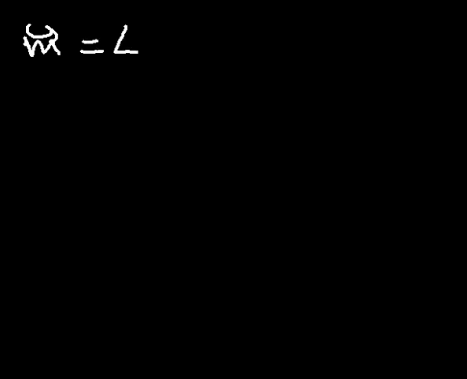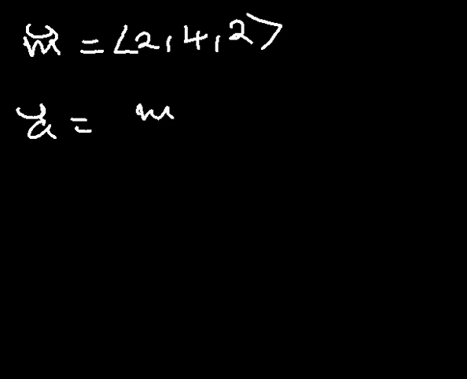Let's say it is given as (2, 4, 2). What is the unit vector of vector m, let's say given as a? It is the vector m divided by its magnitude.